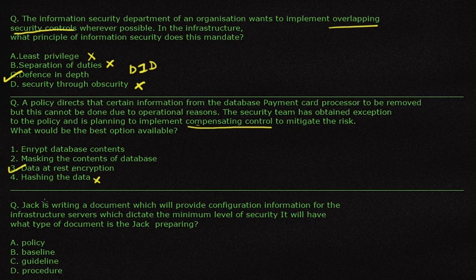Next, we will move on to this question. Jack is writing a document which will provide configuration information for the infrastructure servers, which dictates a minimum level of security. What type of document is Jack preparing? Okay, so here it is written minimum level of security.